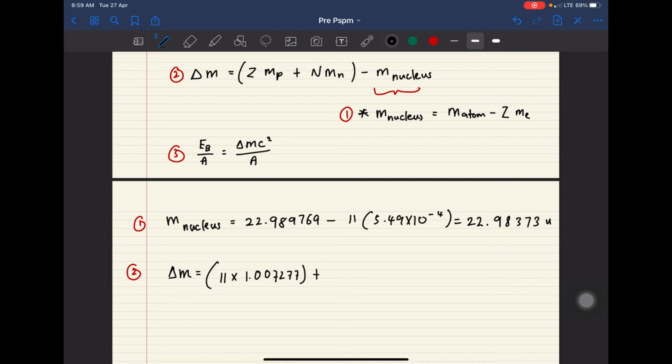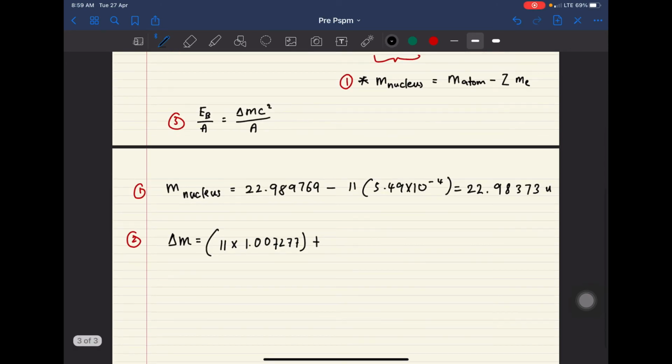Plus the number of neutrons just now, which is 12, and the mass of neutron. Again, just put all the numbers inside here, and minus the mass of the nucleus that we calculated just now.